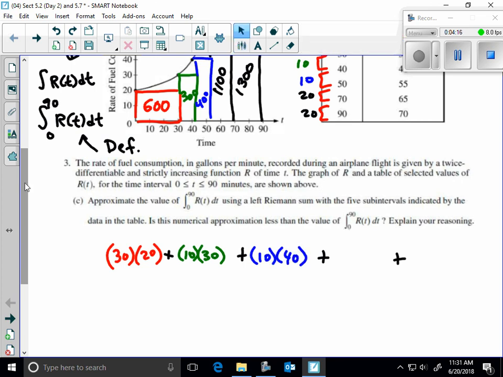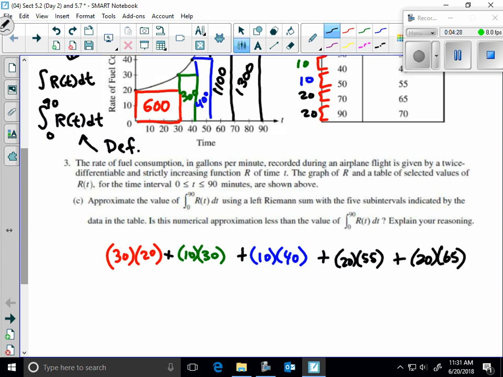And then I had 20 by 55. And I had 20 by 65. All right, so let's add all these values up. 600 plus 300 plus 400 plus 1100 plus 1300.